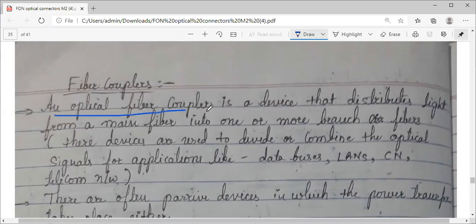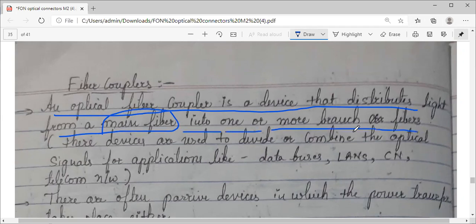An optical fiber coupler is a device which distributes light. Whatever wave is coming from one fiber, that is called the main fiber, from the main fiber you will distribute the light into one or more branch fibers.